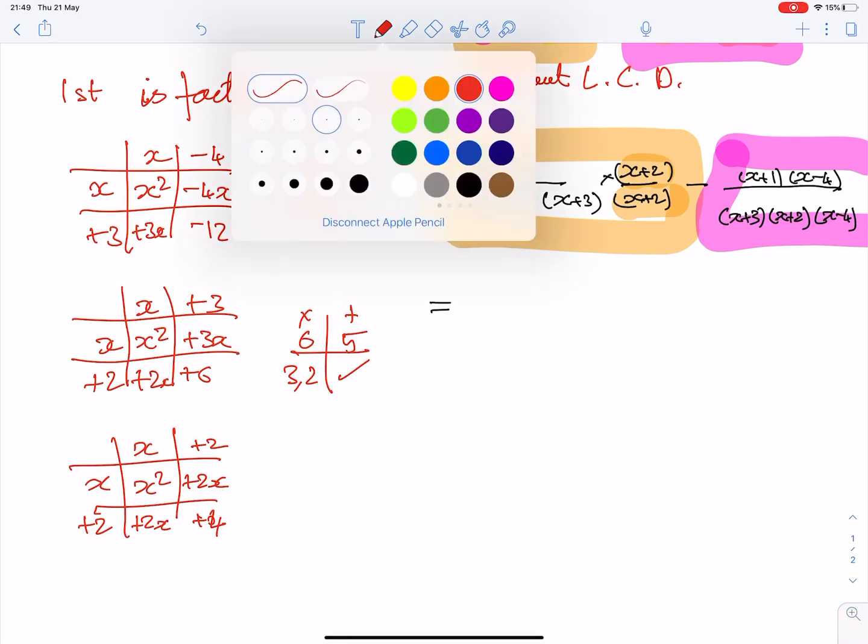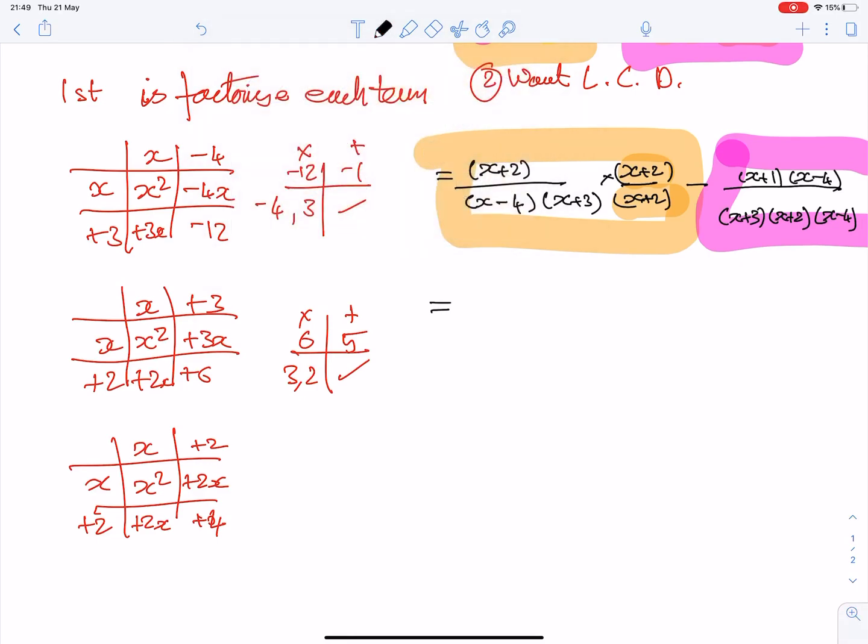So the numerator here is x squared, 2x plus 2x is plus 4x plus 4, all over x minus 4, x plus 3, x plus 2. Minus, our denominator should now be common.